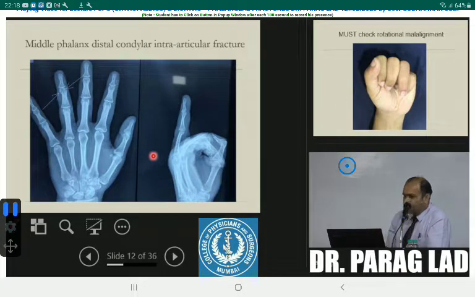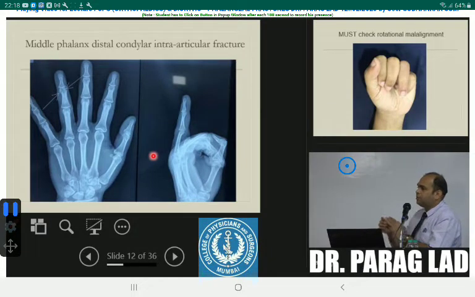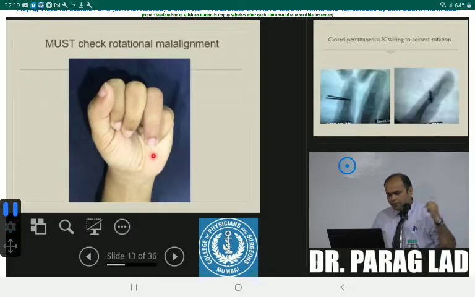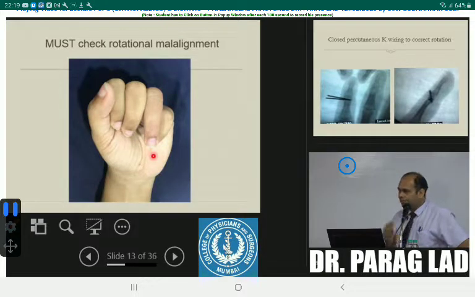Now when we ask this patient to make a fist, now this is a very simple fracture. If you do a buddy strapping, this will heal. But then if you ask the patient, see this is how he is making a fist. So this is not acceptable, because if you accept, this fracture is going to heal in this position, which is a deformity in a 23-year-old girl, which can be 100% correctable.